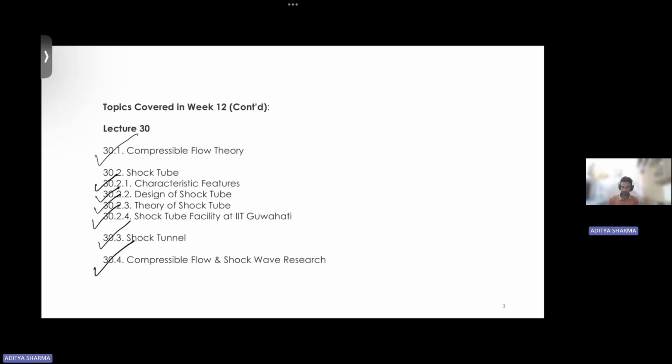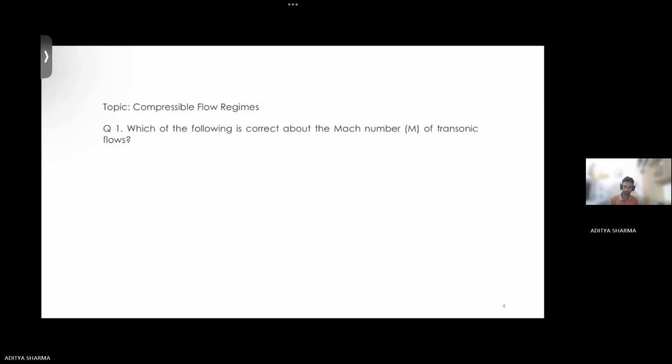Now we will move on to our questions for the session. We have our first question, on compressible flow regimes.